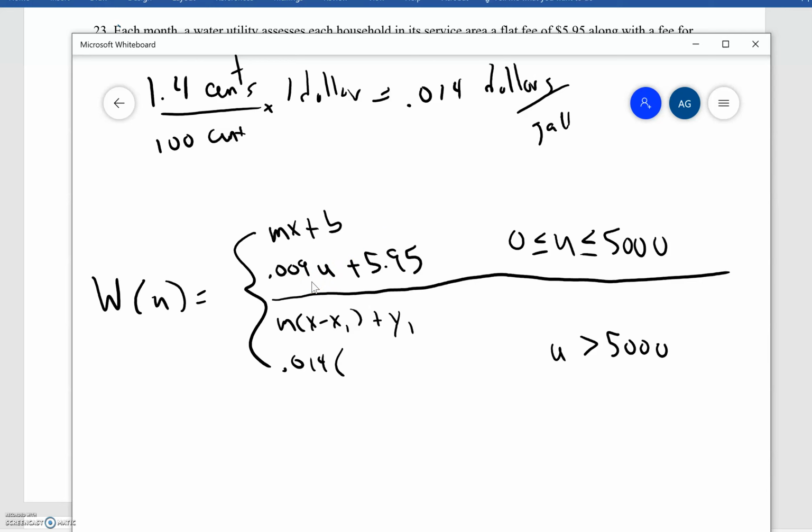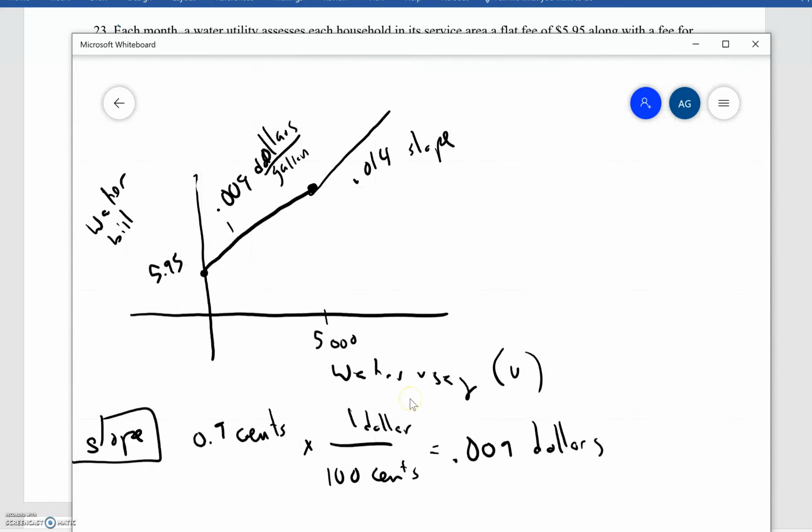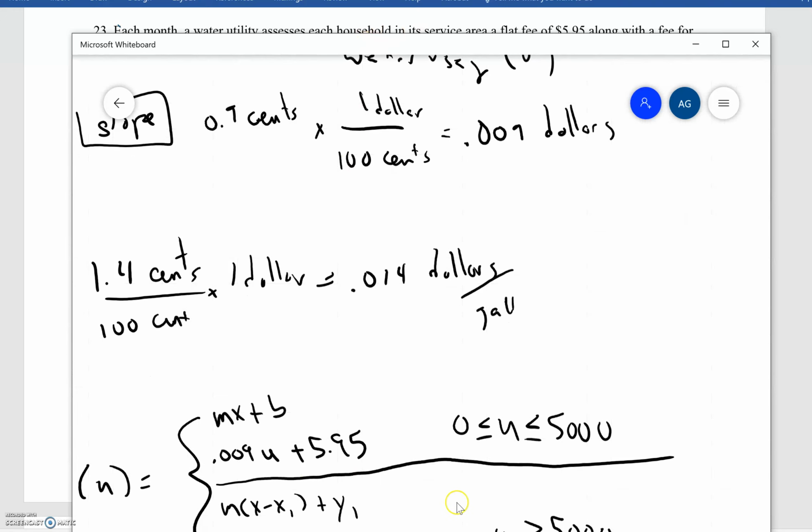And for my x1, y1, what's that going to be? Well, I'd like to use this point right here. I don't actually know the coordinates of it though, but I can figure it out because its input is 5,000, and therefore the output, we can just plug it into this model that we just found.